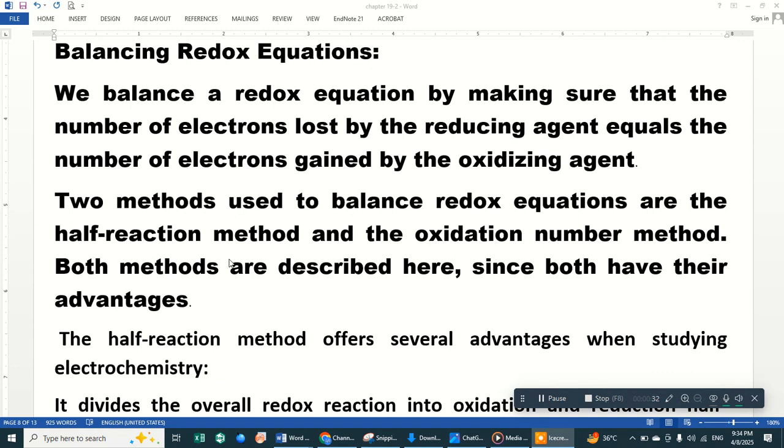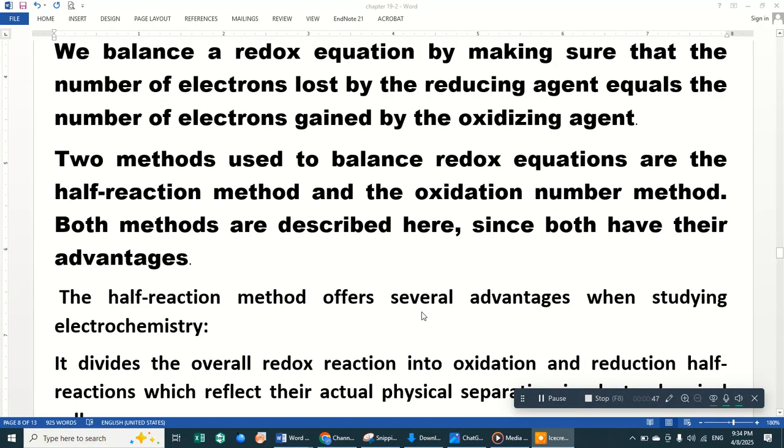In balancing redox equations, we must make sure that the number of electrons lost by the reducing agent is equal to the number of electrons gained by the oxidizing agent. In both methods, the loss and gain of electrons is carefully observed.